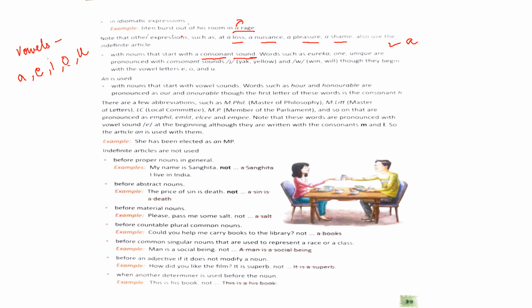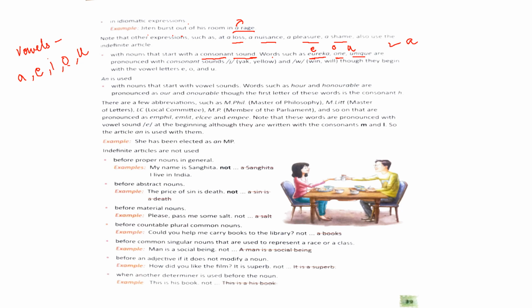Okay, now there are some exceptions in this case. Words such as eureka, one, unique are pronounced with consonant sounds, though they begin with the vowel letters. So in these examples, eureka, one, unique, they start with E, O and U. As you can see, these are vowels, right?